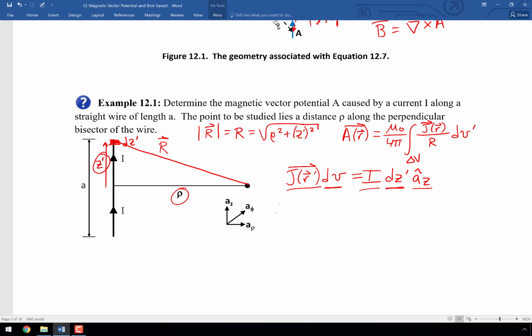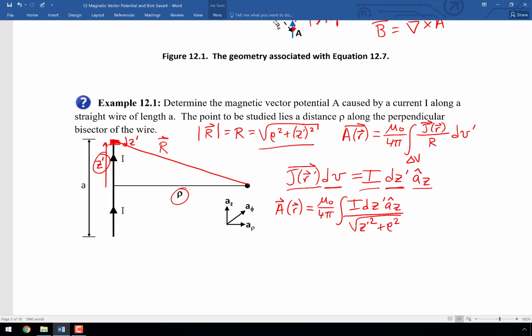Okay, so let's go back and review this equation that we've now made some improvements to. This is going to be mu sub 0 over 4 pi times the integral, and I'll put those limits on in a second, of I dz prime a sub z divided by, and what do we know is r? r is this quantity right up here. So this is going to be the square root of z prime squared plus rho squared.